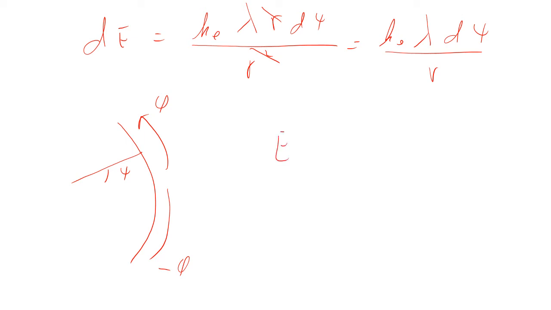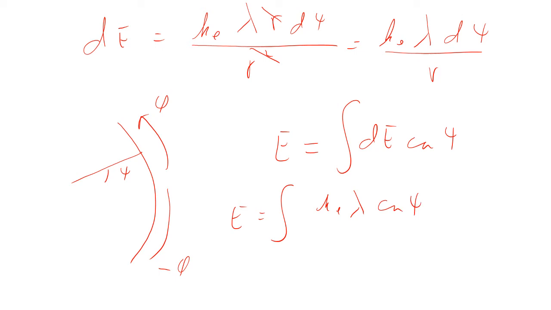So E is going to be the integral of the dE cosine phi. So that's going to be the integral of k sub B lambda cosine psi, rather, d psi divided by r, going from minus phi to phi.